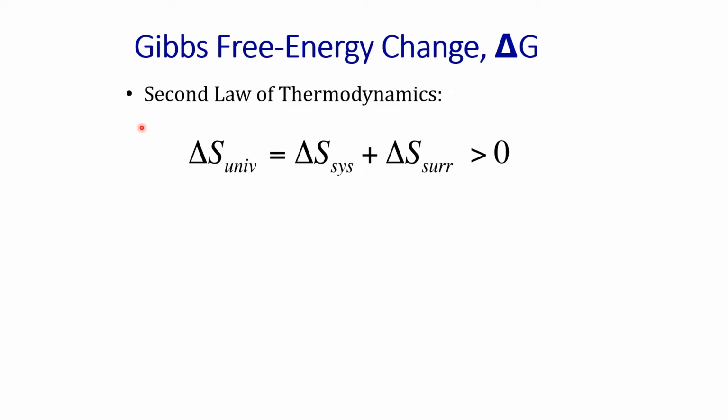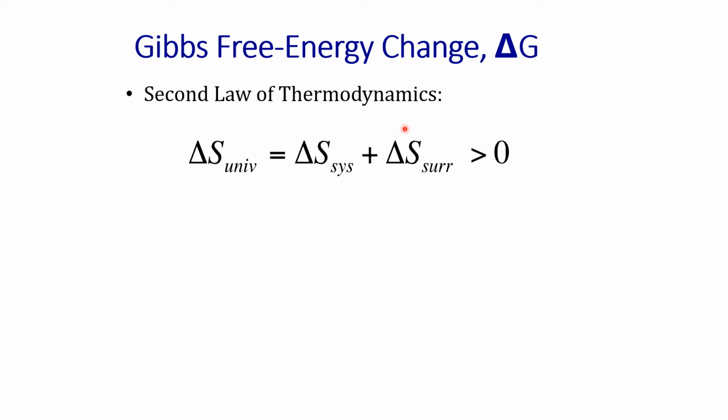All right, so back to our second law of thermodynamics. We know that the delta S of the universe needs to increase. That's the greater than zero part over here. Delta S of the universe needs to be a positive number for a reaction that's going to occur. And further, the delta S of the universe is the sum of the delta S of our system plus the delta S of everything else, what we call the surroundings.